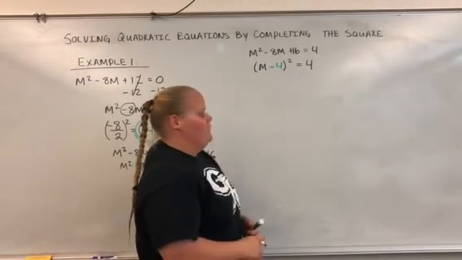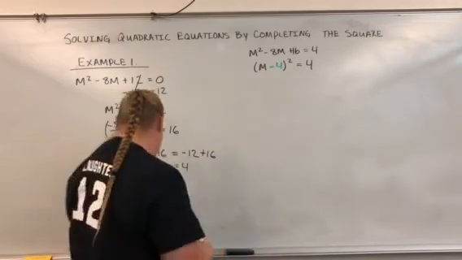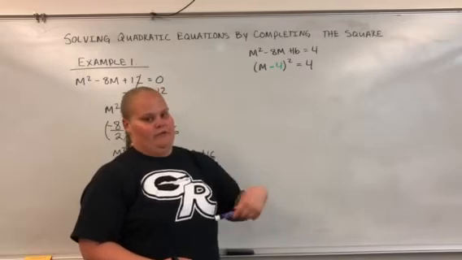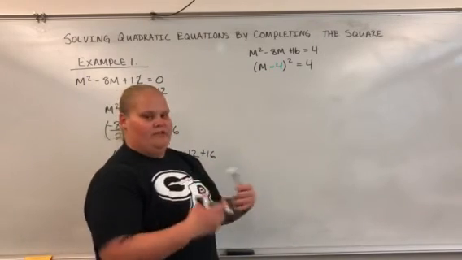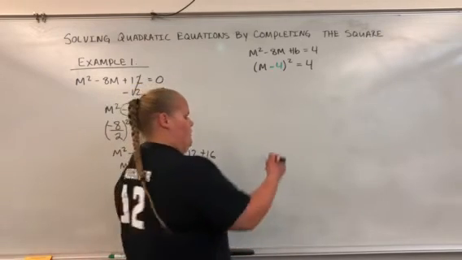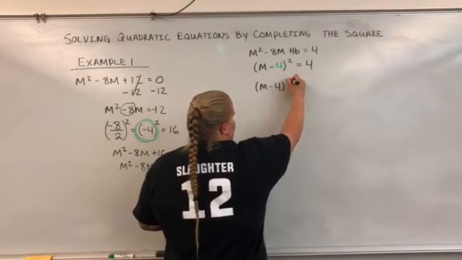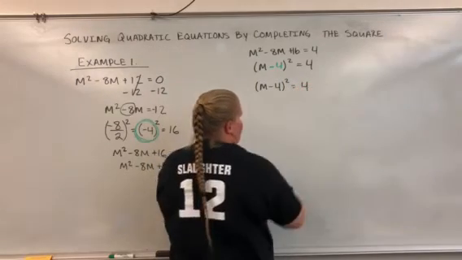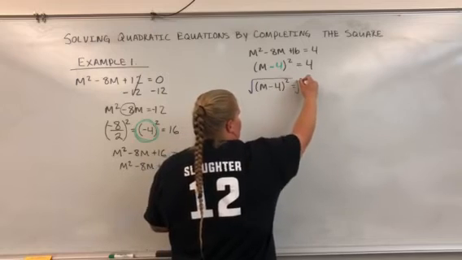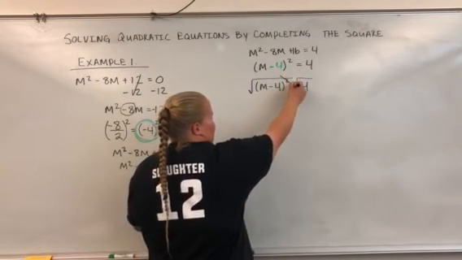So from here, all we have to do is solve this equation for m, and we can do that using the square root property that we talked about last week. We can take the square root of both sides and solve two different equations for m. I'm just going to go ahead and rewrite this. We're going to take the square root of both sides, and I'm left with, sorry, these will cancel out.